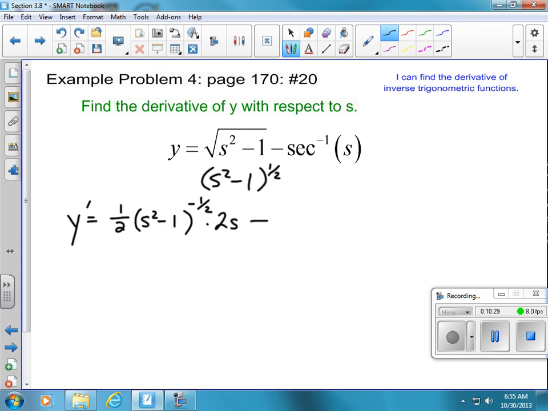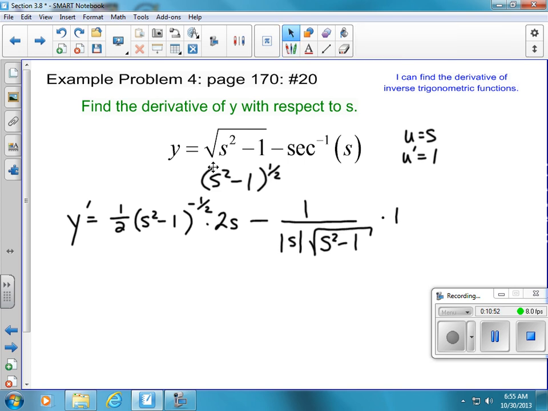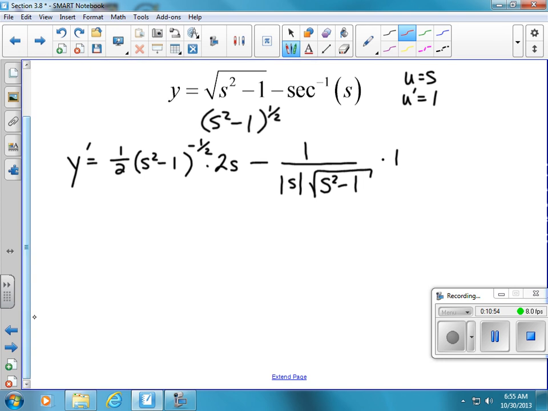All right, and then our secant formula is 1 over, and notice our u is equal to s, and our u prime is equal to 1, so that makes it easier, doesn't it? Oh, I like that. So the absolute value of s, square root of s squared minus 1, that's using the formula, times 1. I like that. It makes it easier. All right, simplifying is just some more fun. 1/2 times 2 cancels out.